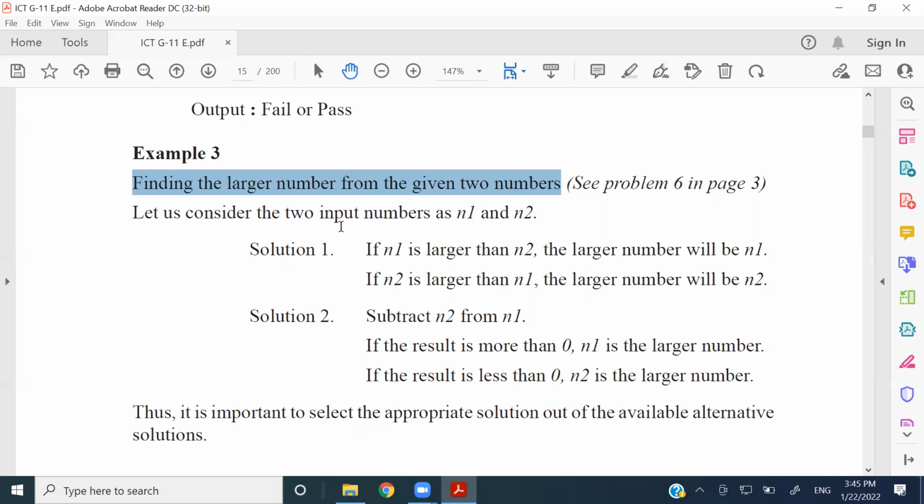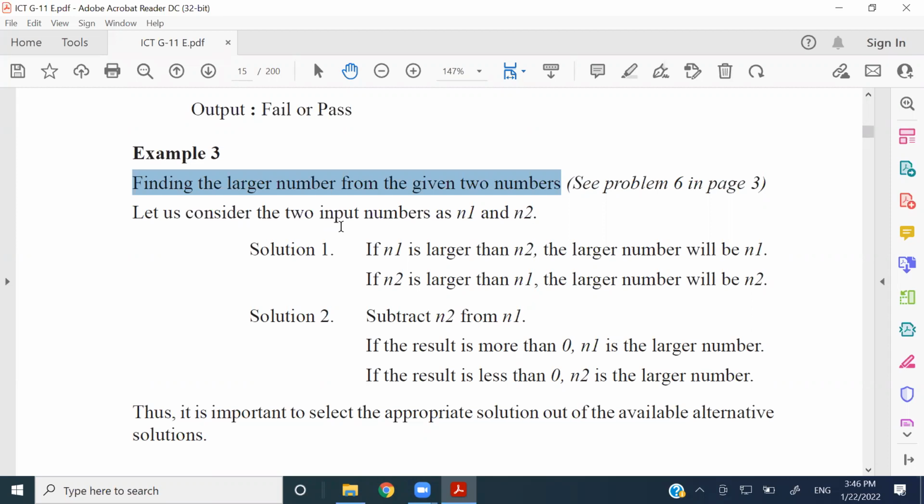When we write a program and ask for two numbers, we don't know which number it is. Then the purpose here is to find out the larger number. So we don't know whether the user first inputs the larger number, then inputs the smaller one. Or in some other case, the user can input first the smaller number, then the larger one. So we have to figure out what is the larger number out of the numbers given by the user, right?